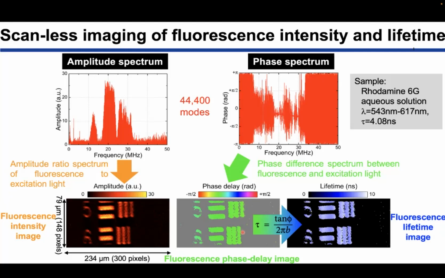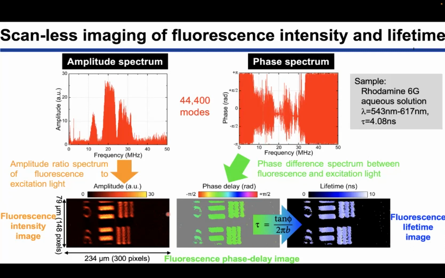Also, the fluorescence phase delay image is reconstructed from the phase difference spectrum between the fluorescence and excitation light based on the one-to-one correspondence. Finally, this fluorescence phase delay image is converted into the fluorescence lifetime image based on this equation.